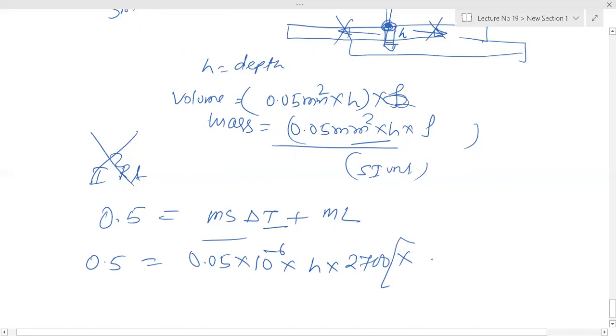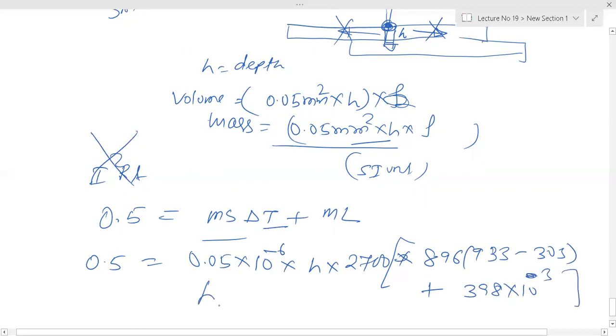Delta T is the melting temperature minus ambient temperature 303, specific heat is 896, and latent heat is 398 into 10 raised to power 3, because it is in kilojoule. Now you can calculate h.